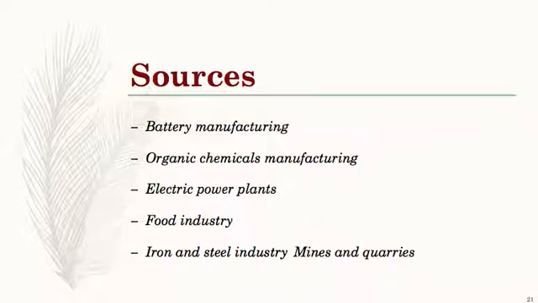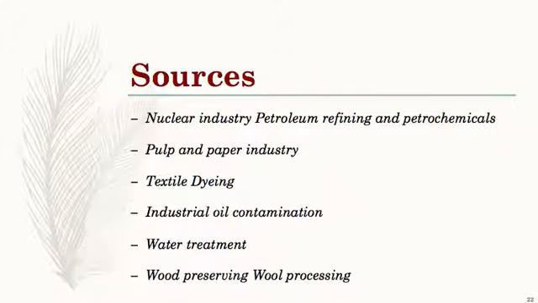There are many sources like battery manufacturing, organic chemical manufacturing, electric power plants, the food industry, the iron and steel industry and the nuclear industry, petroleum refining and petrochemical industries, the paper and pulp manufacturing industry, textile dyeing, industrial oil contamination, water treatment, wood preserving and wool processing.